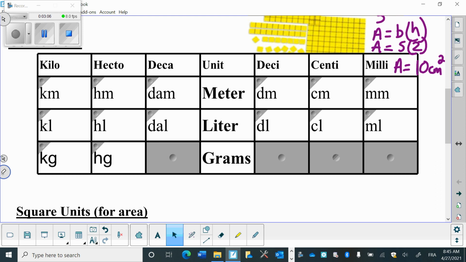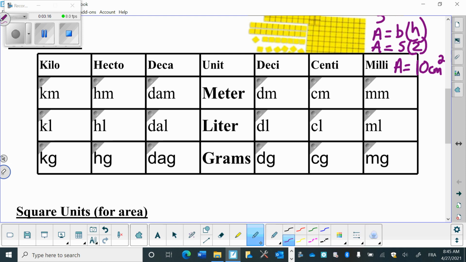Grams would be more like a powder, like sugar, and the most common one that we use would be distance in meters. Every single time, if you're at centimeters and you want to go to meters, you're dividing by 10 per section.